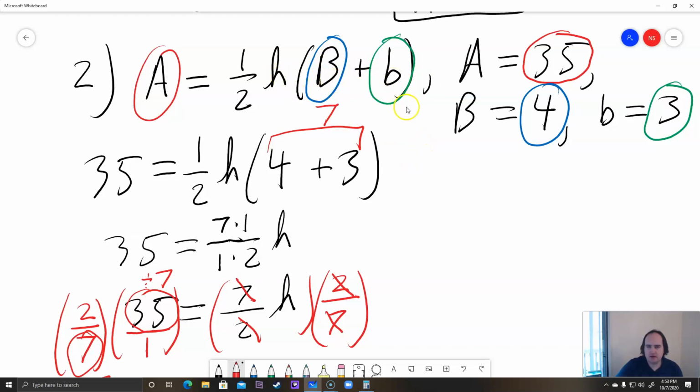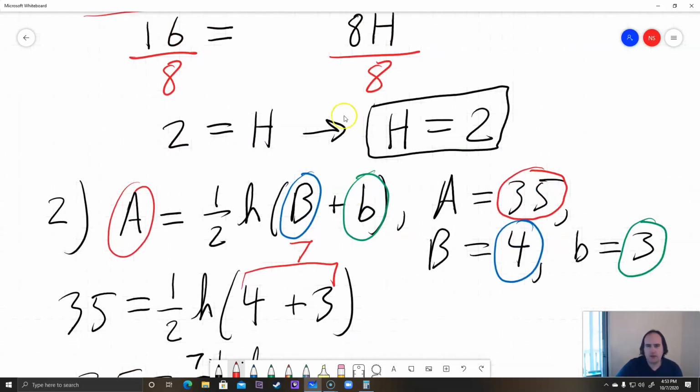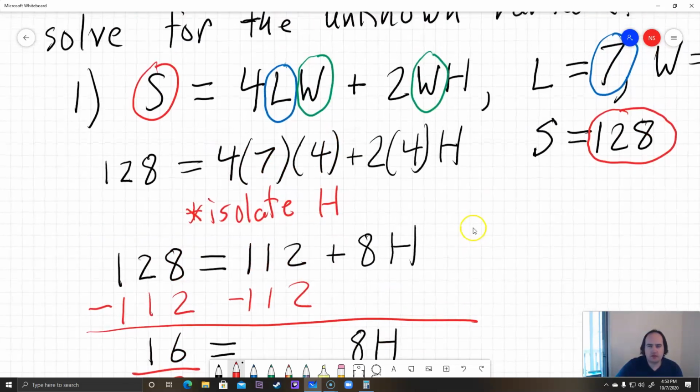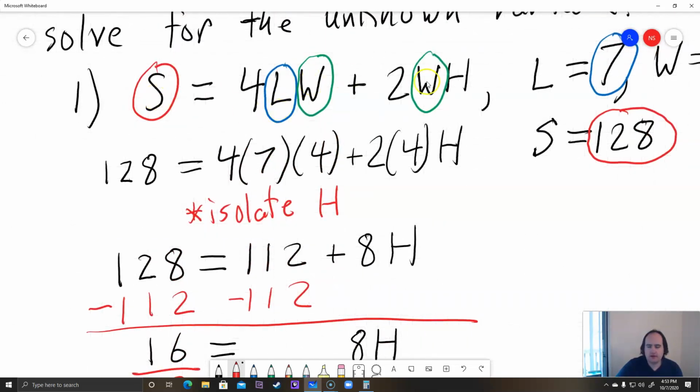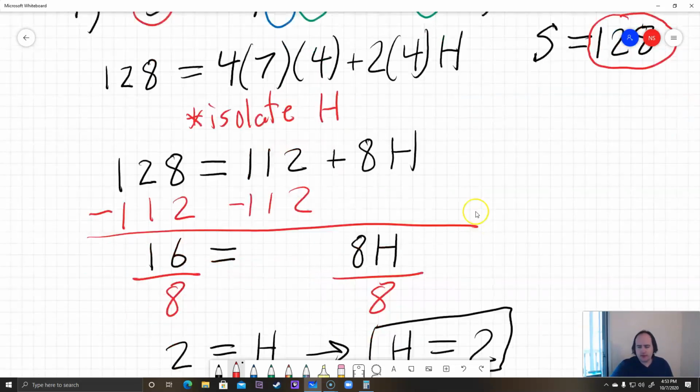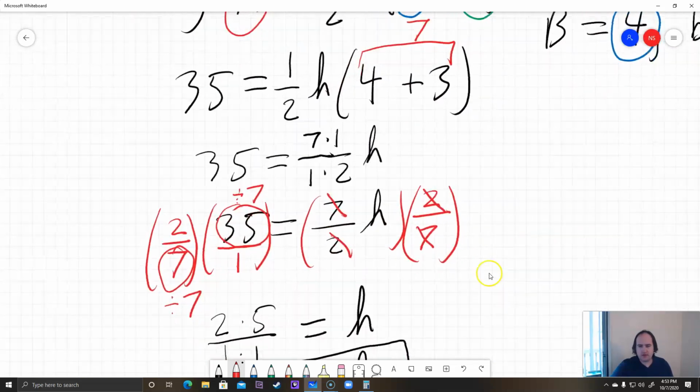And this other formula we had up here, I think it's the surface area of a special kind of rectangular box, something like that. But all these formulas come from stuff in the real world.